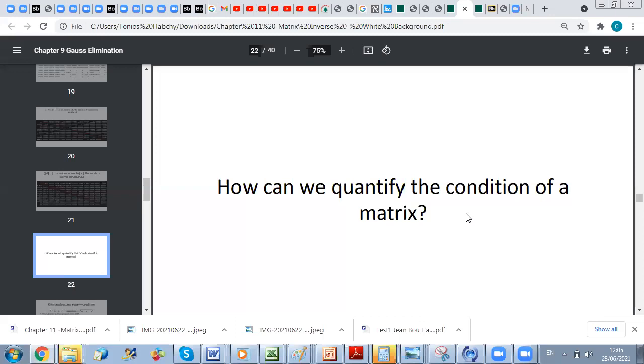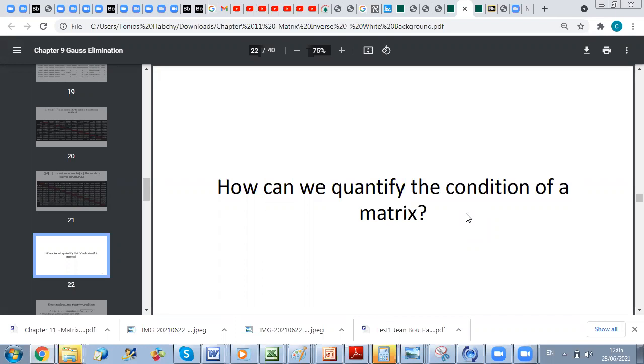So all of these techniques can just give us an idea if the system is highly ill-conditioned or well-conditioned. But to be more accurate, we need a number. This other method is a qualitative analysis, not a quantitative analysis.